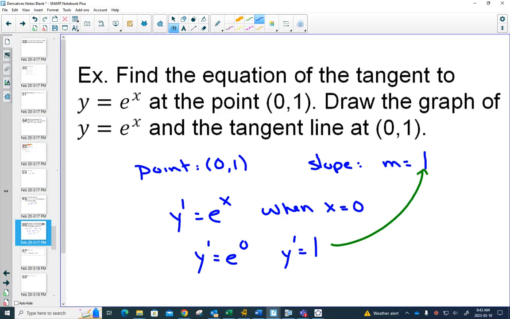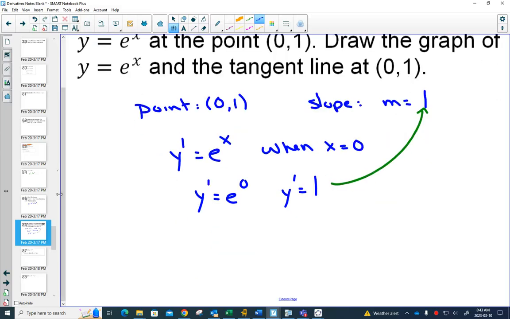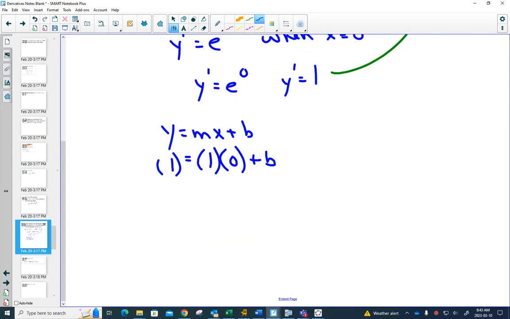So you get your slope from your derivative, and now all we have to do is plug everything into y equals mx plus b. What do we know? We know the slope is 1. We know that when x is 0, y is 1. And you can solve for b.